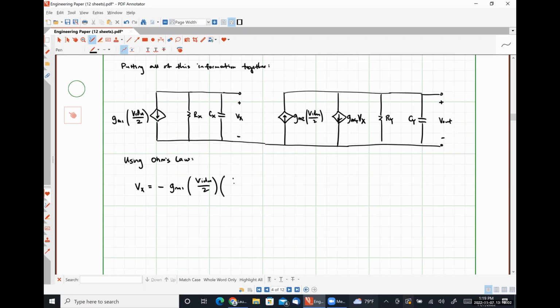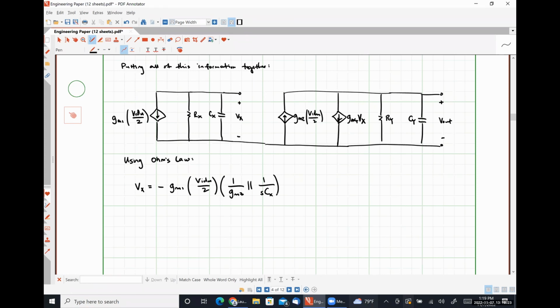And then we have 1 over GM3, which is just Rx, in parallel with 1 over S CX. That's just Rx in parallel with the impedance of CX.